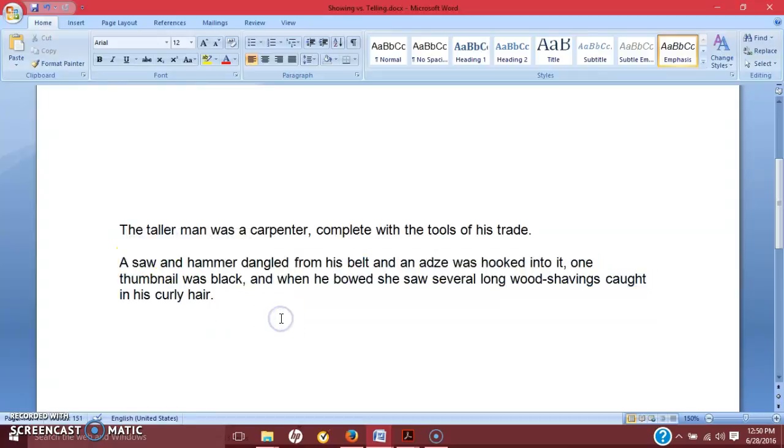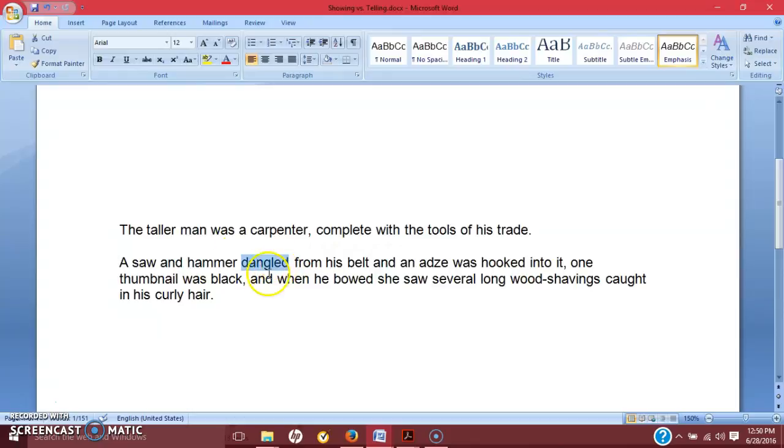And what specific details would you pull out if I asked you, how is it showing? What is it showing? So again, some adjectives, but also a really strong verb choice.